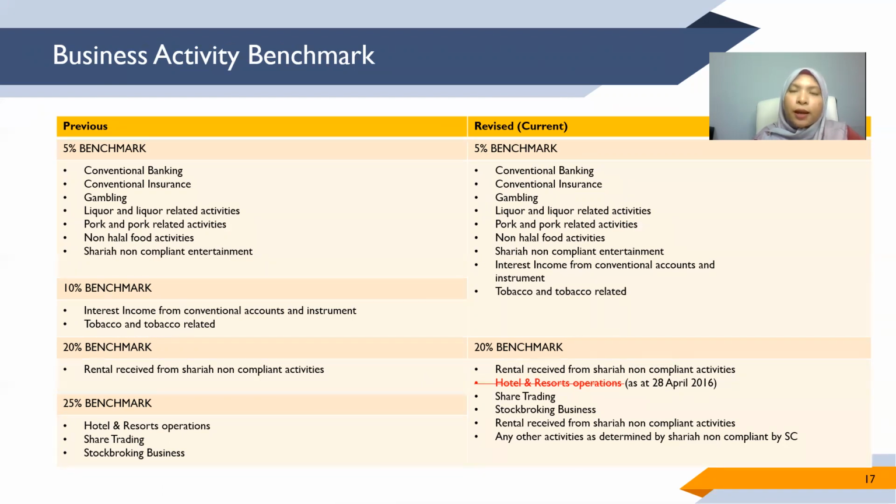Contohnya kita ada dalil berkaitan dengan conventional banking, iaitu berkaitan dengan riba, gambling, maisir, liquor, kita ada dalil dalam Al-Quran, pork, kita dilarang makan perkara-perkara yang tidak halal. All of this, interest income back to riba, tobacco, semua ni adalah perkara-perkara yang jelas dalam Al-Quran.